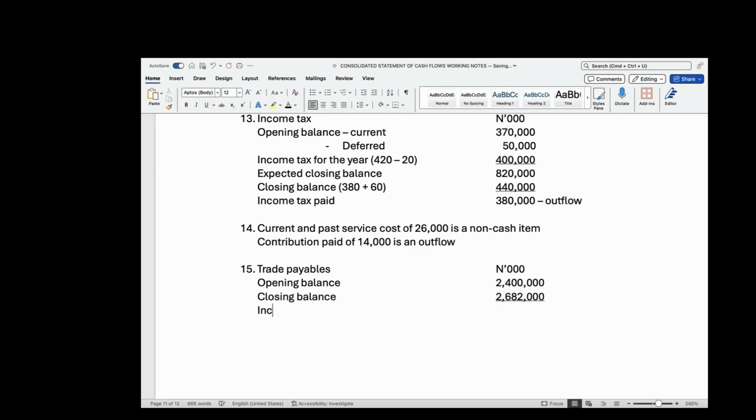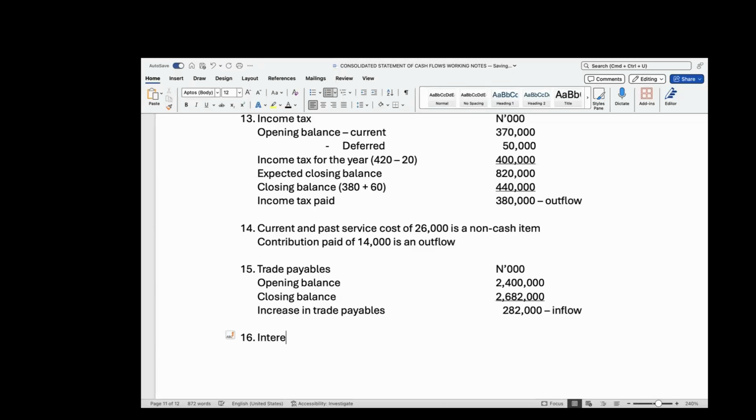There is an increase in trade payables. By how much? Is that 282? Yes, you're correct. Inflow, outflow? Inflow. That's an inflow.